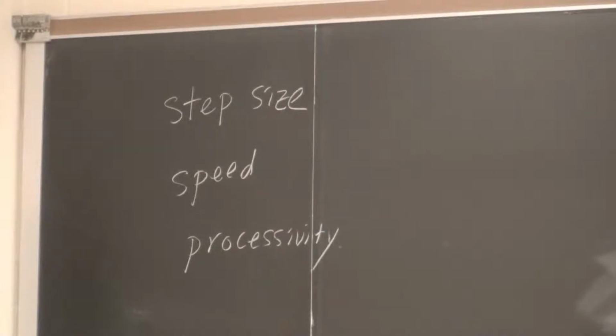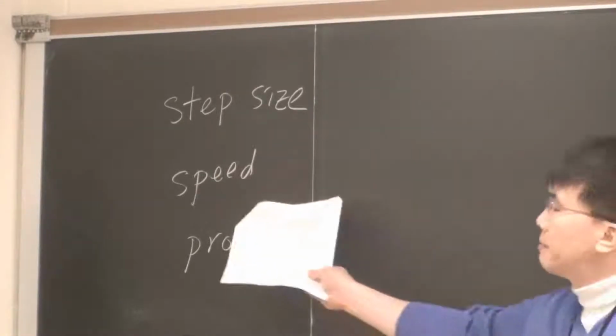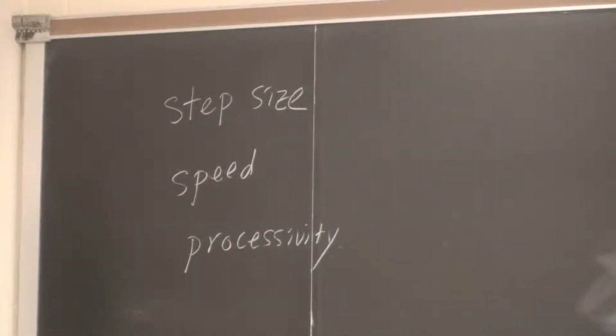There is a finite step size the motors can take. And speed of the motor on the track is how quickly it moves as a function of time, so it'll be defined in micrometers per second. And processivity is how far the motor can go before falling off.